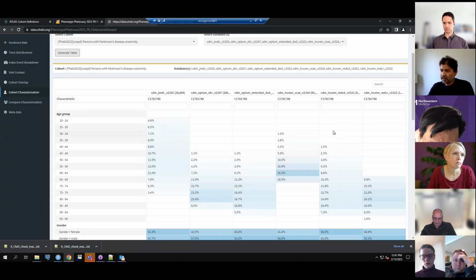But in Medicaid, it's heavily weighted on this population in terms of the persons in the data source. But I can't explain, and we don't observe anything in that age range in Medicaid. But I can't explain this.